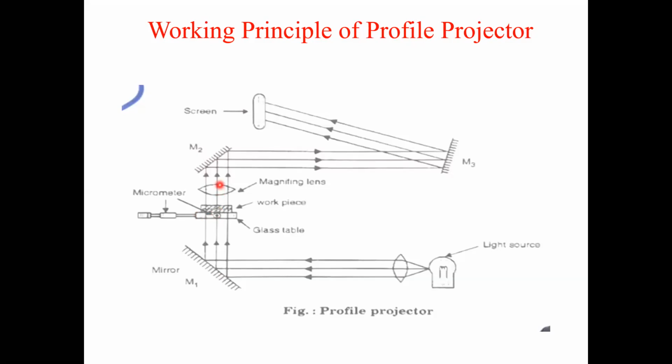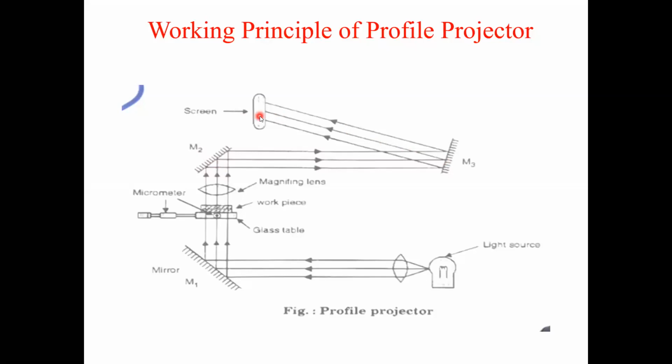The beam of light, carrying the outer boundary, that is the contour of the object, is allowed to strike the mirror M2 after striking the magnifying glass. Here it is magnified a number of times, and then it is allowed to strike the mirror M2. Then again it is deflected in this direction, and it is allowed to strike the mirror M3. Finally, it is allowed to reach the screen.